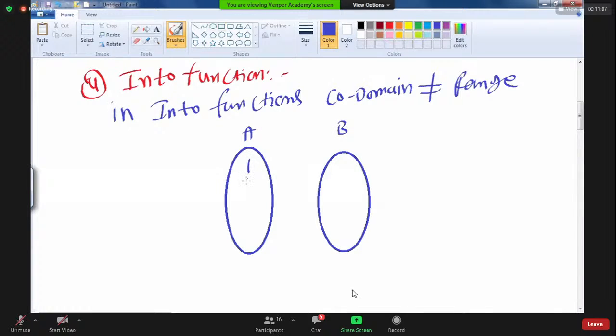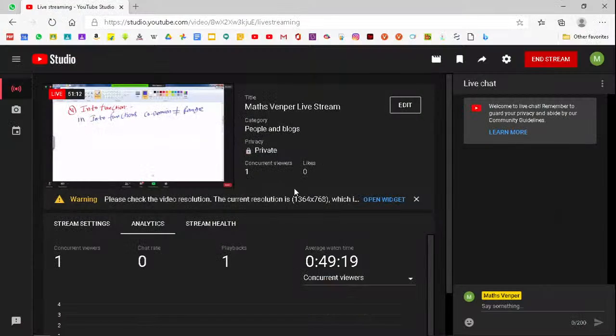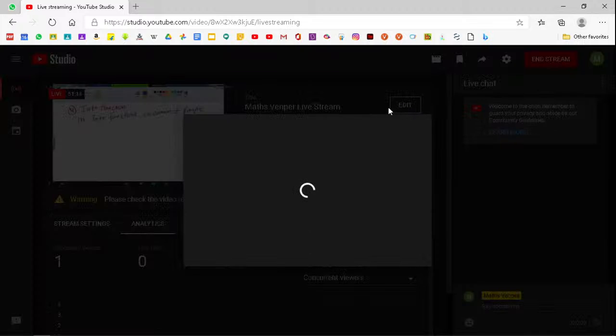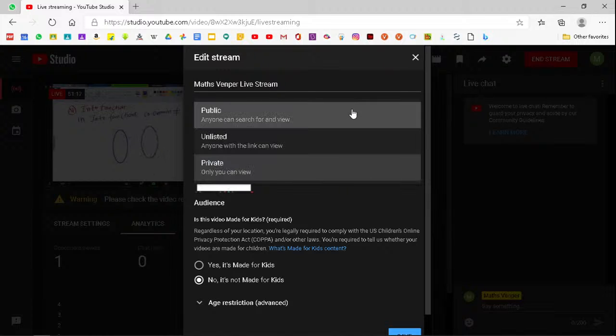So let me write something like this: A, B, C, and you have 1, 2, 3. And this time A is related to 1, B is related to 2, and C is also related to 2. So 3 is left out. If 3 is left out, then obviously codomain is not equal to range, and then it is into function.